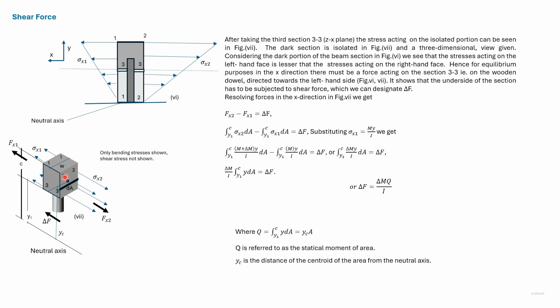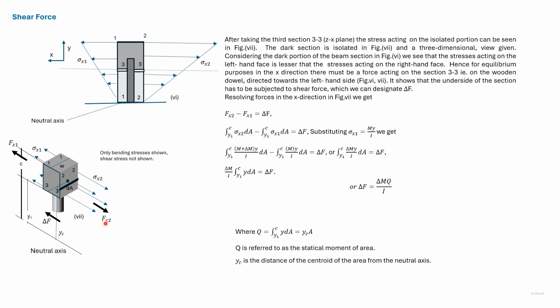Here we have shown this dark shaded portion in 3 dimensions along with the dowel. The area on these two faces are the same, but the stress on this side, sigma x2, is greater than sigma x1 on the other side.